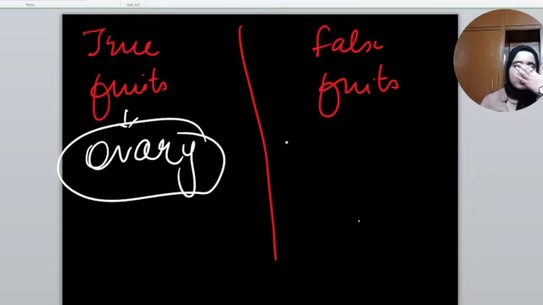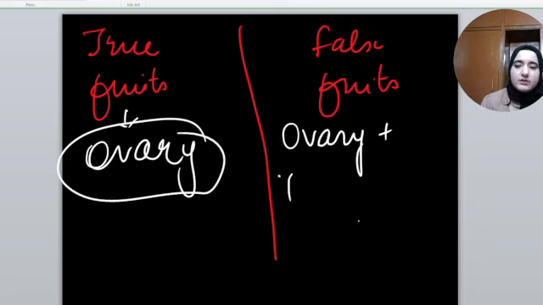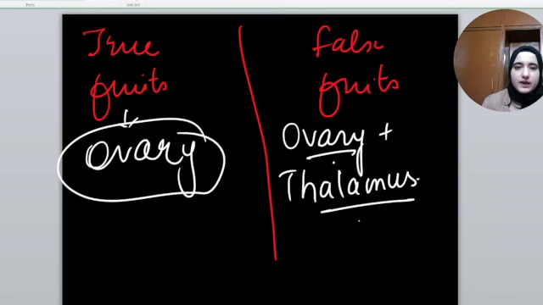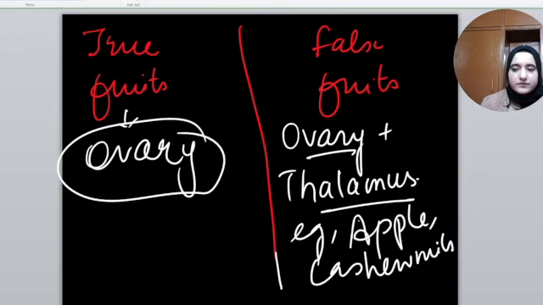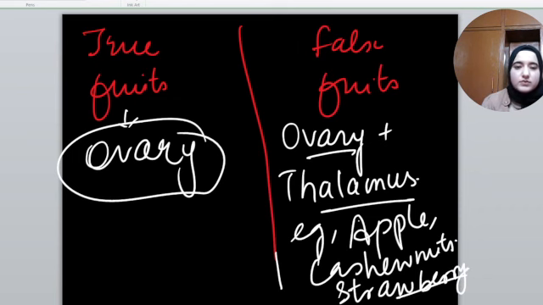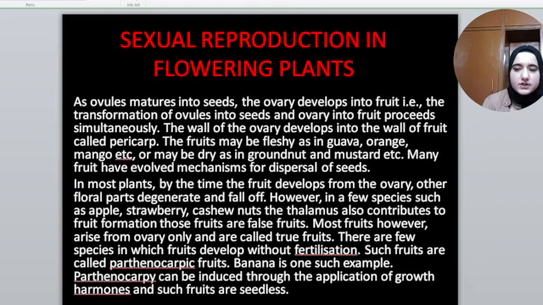False fruits are those fruits which develop from the thalamus along with the ovary. Both the thalamus and ovary contribute, thus that fruit is formed. Examples are apple, cashew nuts, and strawberry. I hope this concept is clear, right?